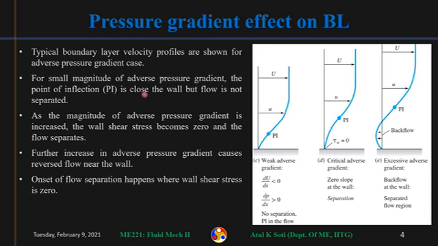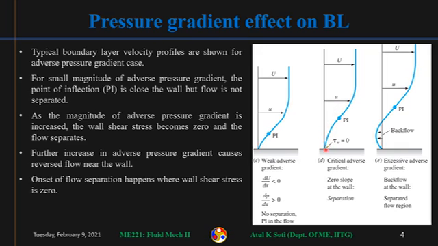Then you increase the magnitude of the adverse pressure gradient. As you increase it, the velocity profile will start looking like this. At a particular critical adverse pressure gradient, the velocity profile will have zero shear stress at the wall, and that will happen when the velocity goes like this.